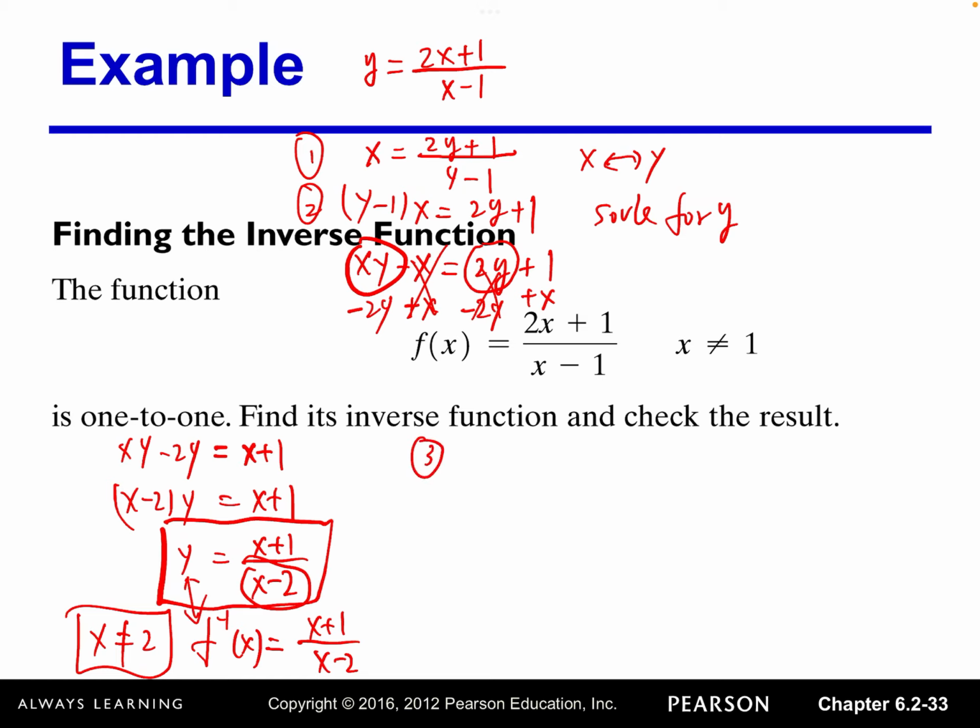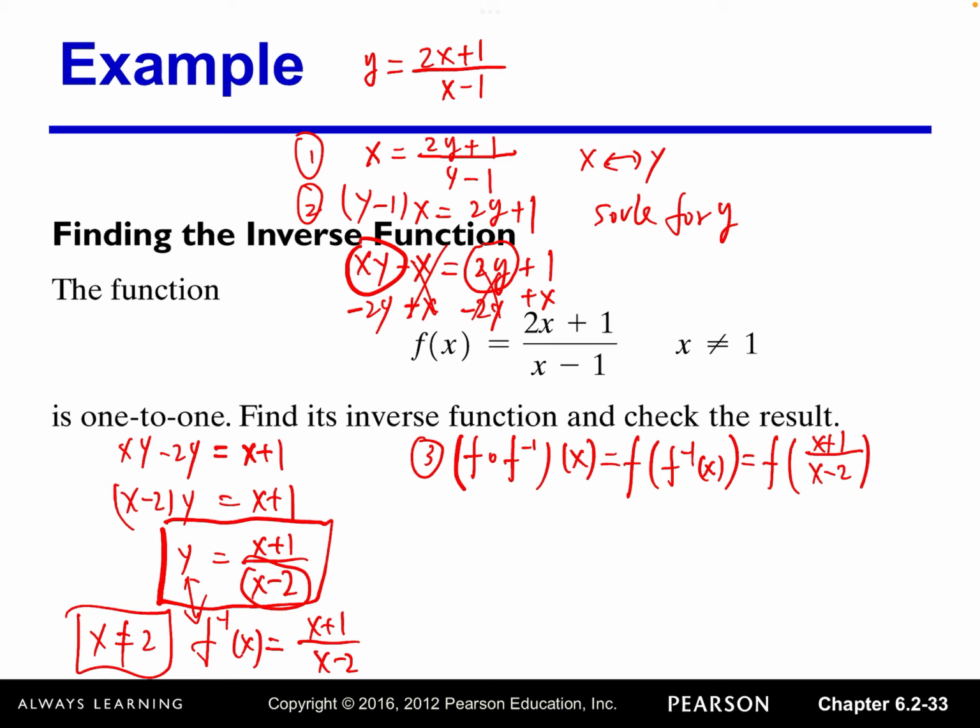All right, third step, we want to verify. See f composed with its inverse, whether it equals x or not, and then do the other way around. So let's try. The original function is the outer function, and then the inverse is the inner function, right? And then we substitute the inverse function. What do we have? We have x plus 1 over x minus 2, right?